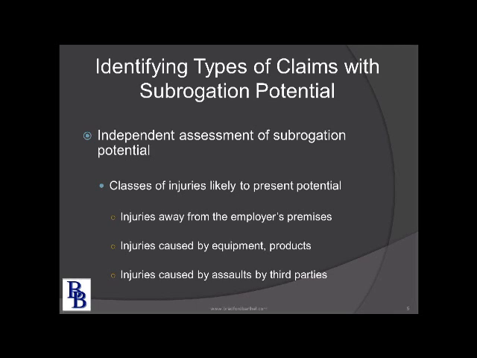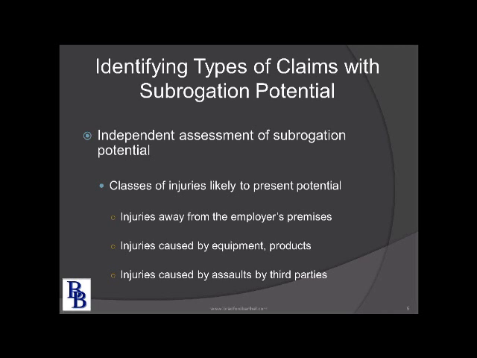The first category that you want to look for are accidents which occur away from the employer's premises. By definition, in order to have a subrogatable claim, you've got to have somebody else involved. That means it's most likely to occur when your employee is out in the world. The classic example, obviously, is an automobile accident, a slip and fall in a common area, or a construction site accident.